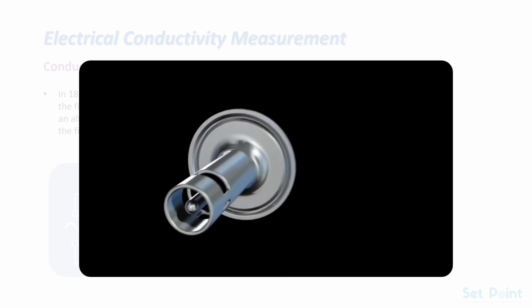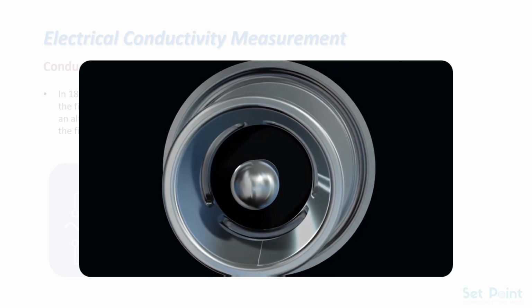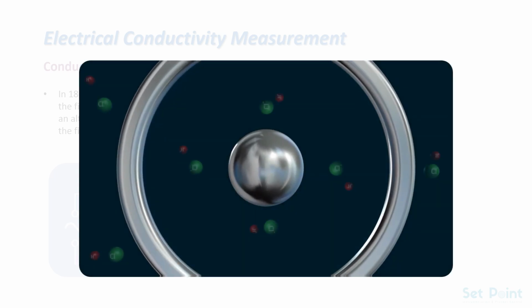In case of the conductive measuring principle, two electrodes are positioned opposite from each other. An AC voltage is applied to the electrodes, which generates a current in the medium. The cations move to the negatively charged electrode, while the anions move to the positively charged electrode.